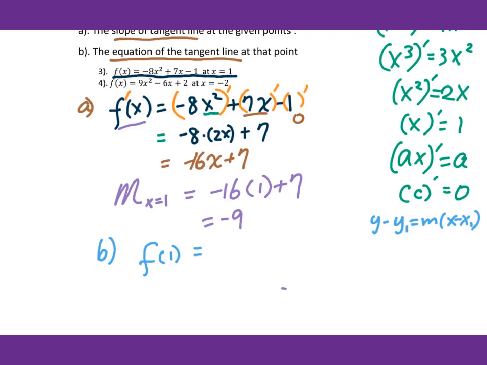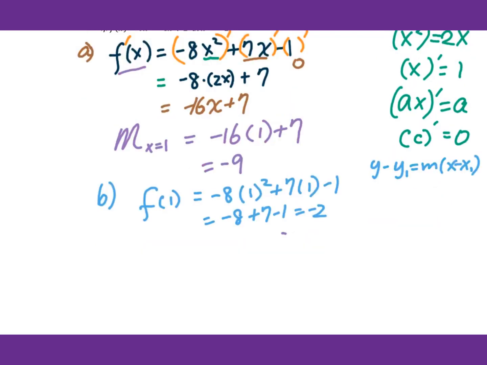Therefore, we plug 1 into the function. We got negative 8 times 1 squared, plus 7 times 1 minus 1. You got negative 8 plus 7 minus 1. That is negative 2.